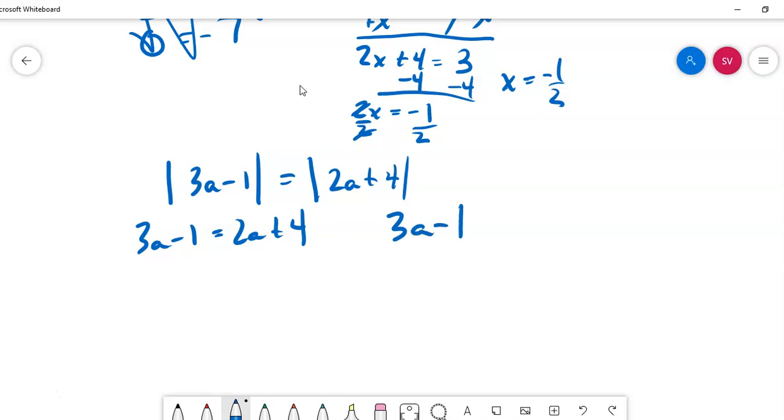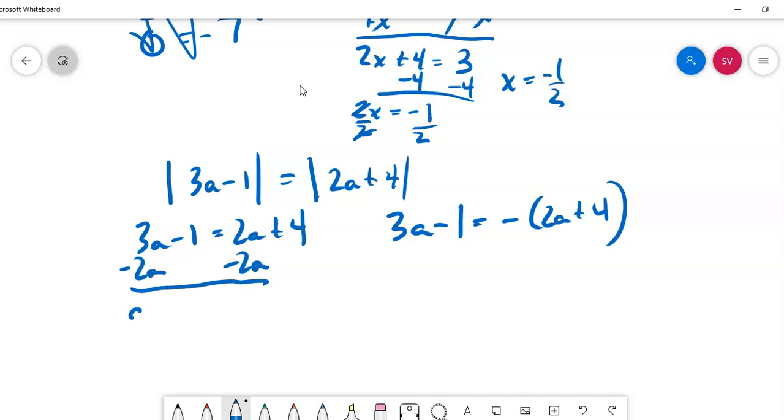And then 3a minus 1 equals the minus version of this all. So now I could subtract by 2a on the left and right side. I get a minus 1 is equal to 4. I'm going to add 1, add 1. A is equal to 5.